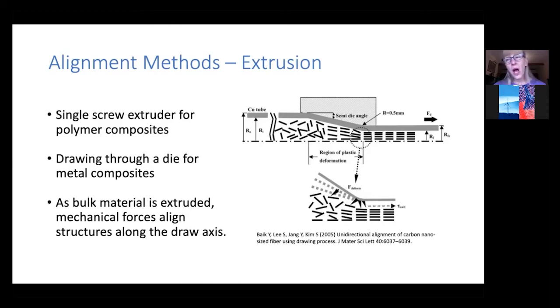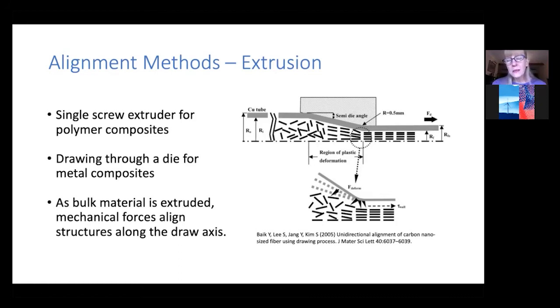With polymers as the host material, incorporating the small-scale structures, you typically use a single screw extruder, and the composite material is forced through a die. With metal composites, it's the same basic operation. It's forced through a die and pulled on the exit as the composite material is coming through.